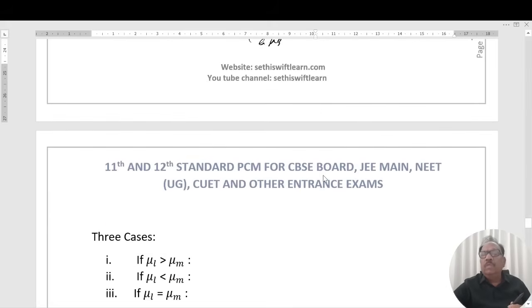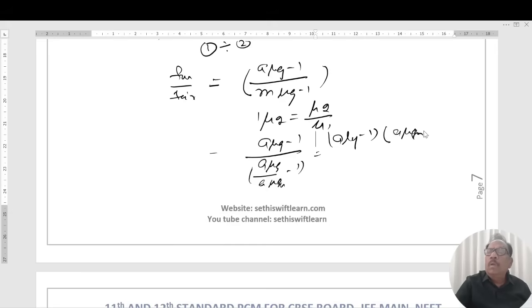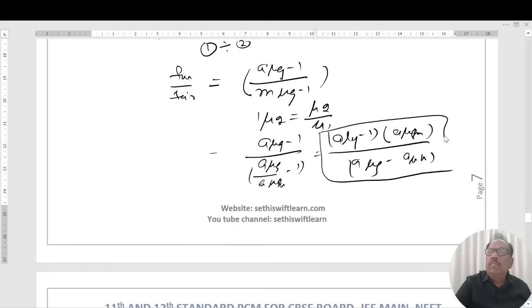On further simplification, this will come out to be a mu g minus 1 into a mu m divided by a mu g minus a mu m. This is the formula, right?